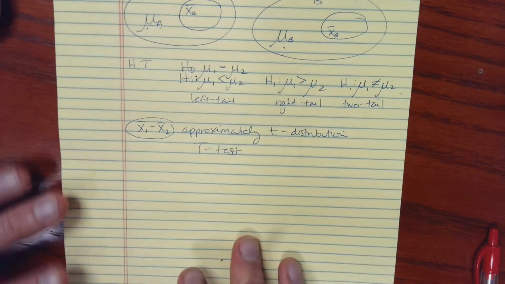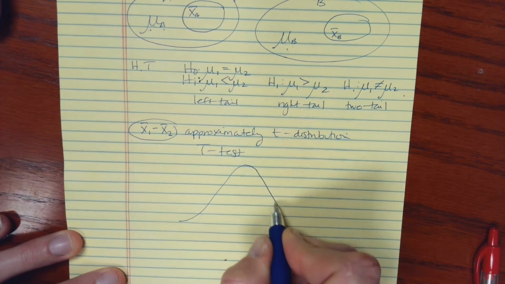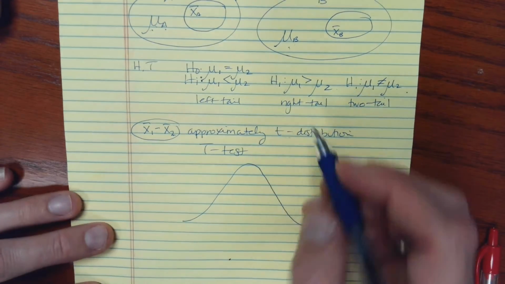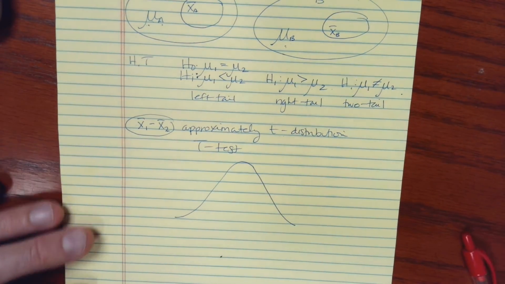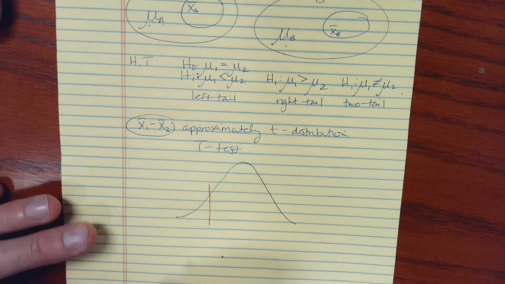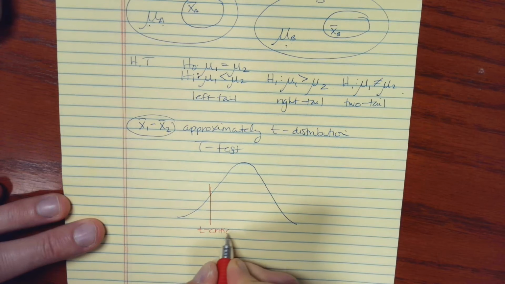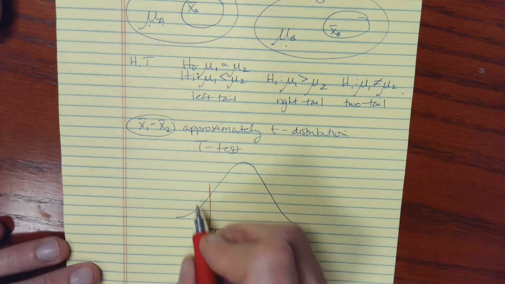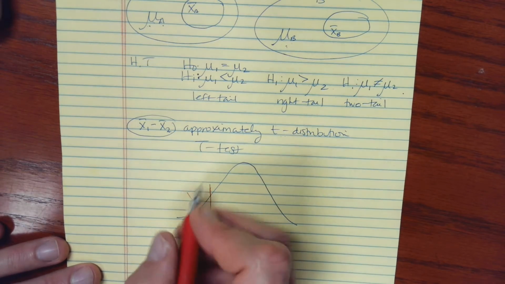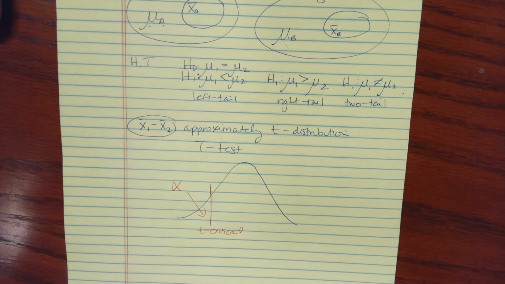So the idea here, and this is true of any t-test, we've got this t-distribution that looks like, I always just draw a standard bell, and if we have, for instance, a left-tailed test, then we're going to have some sort of a cutoff point in the left tail, and there will be a critical value associated with this line, and that's the placement of this line and the critical value depends on your alpha, your level of significance.